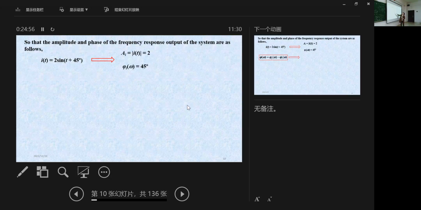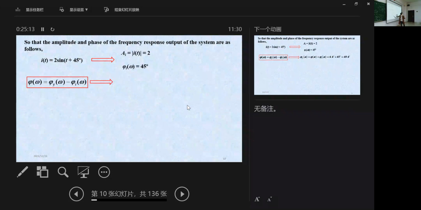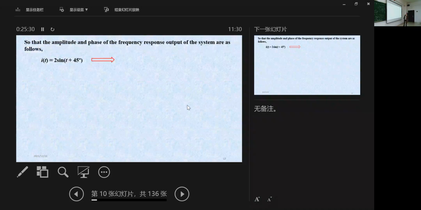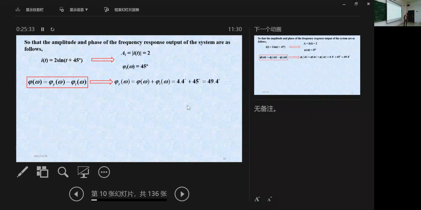And the phase of the input is 45 degrees. The phase characteristic equals the output phase minus the input phase, and now we want the output. So output phi 1 equals phi of omega plus the input phase, which is 45 degrees. Summing these up, phi 1 is 49.4 degrees.